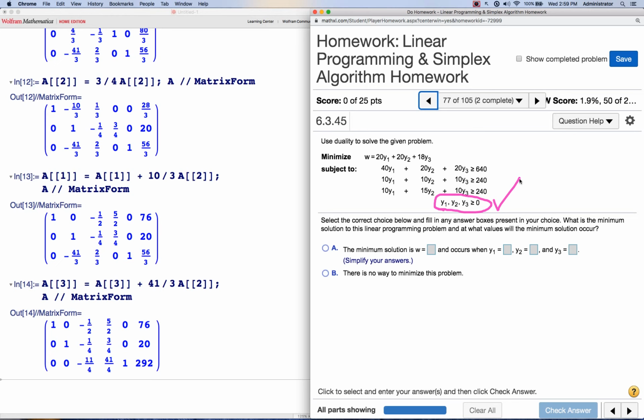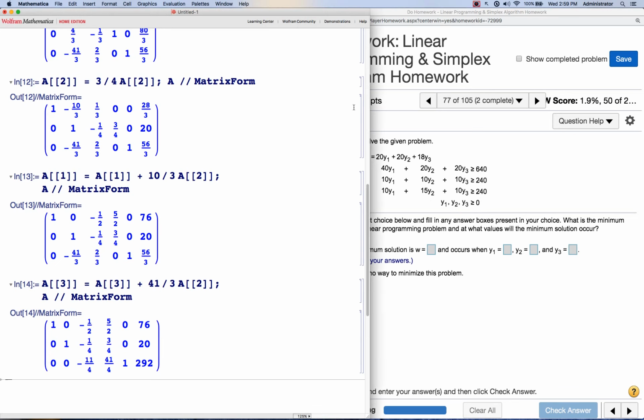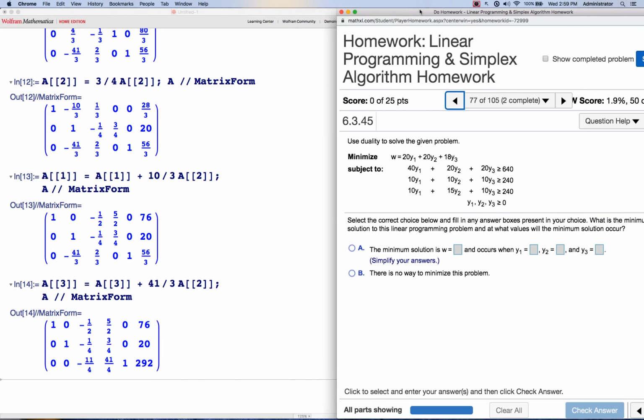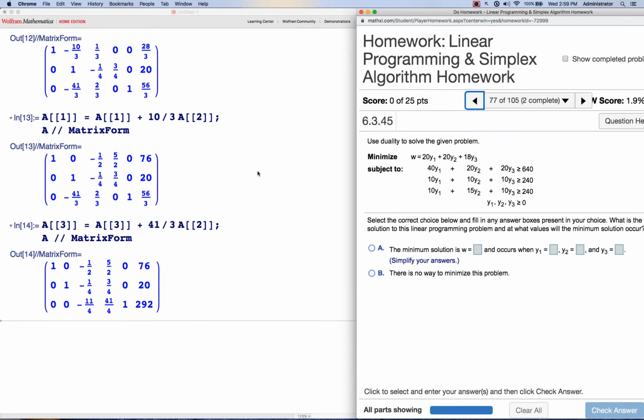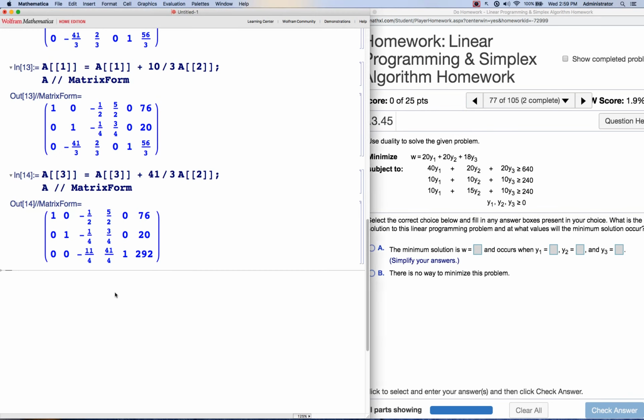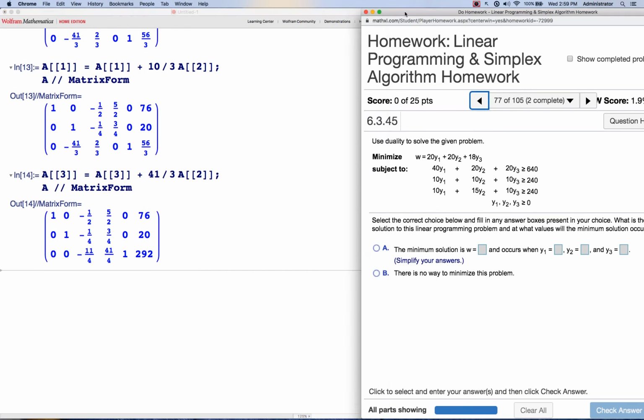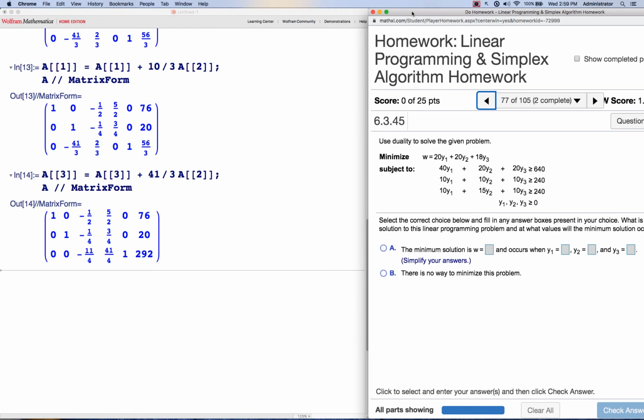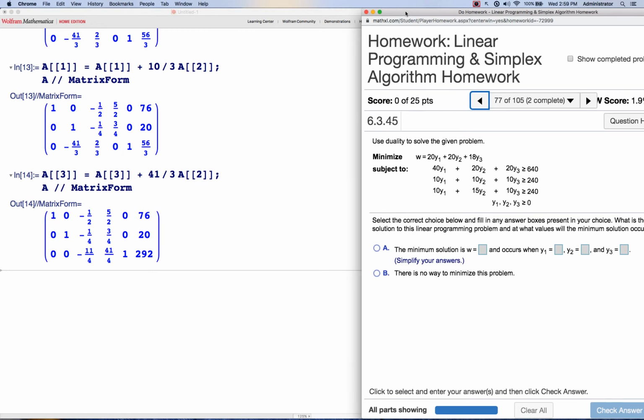Hold on one second. There we go. What I'm going to do is use duality, so I have to convert this into the equivalent maximization problem. And I'm going to use some fancy Mathematica commands to make that happen.